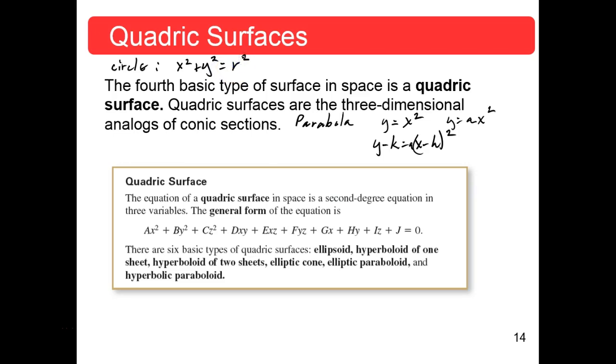Now, one form that I like for our purposes, we divide everything by r squared, and you can do it two ways: x squared over r squared plus y squared over r squared is equal to 1, or x over r squared plus y over r squared is equal to 1. Those are all forms of a circle. Okay, I'm going to hold off on that for a minute. I'm just doing the conic sections.